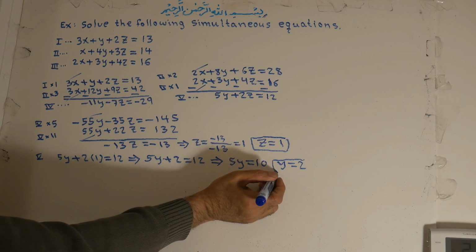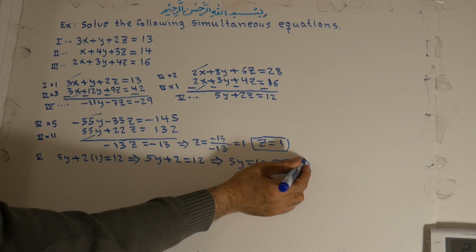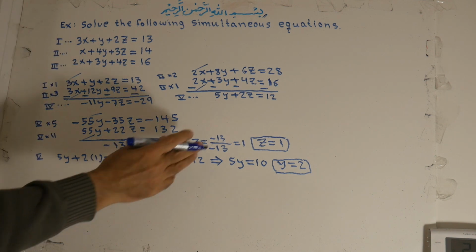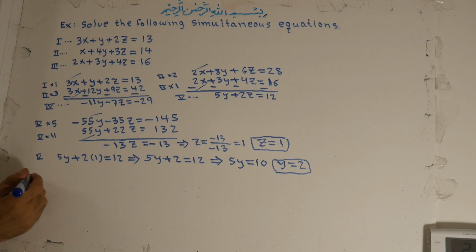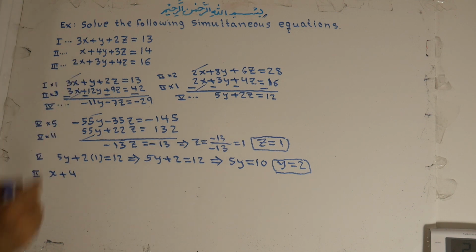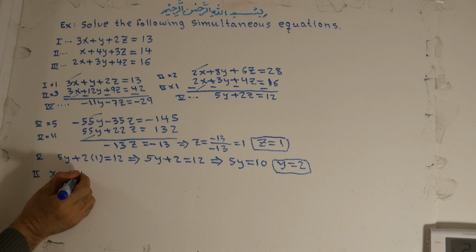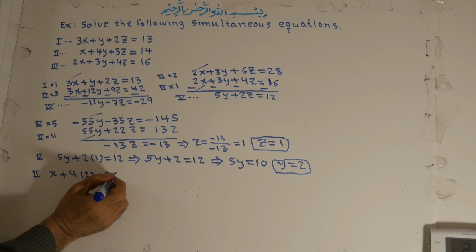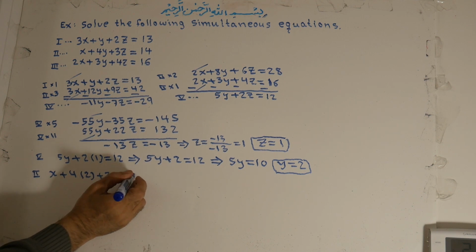Now we have the value of z is 1 and the value of y is equal to 2. Now we put these two values in one of these equations, for example, equation number 2. Equation number 2 is x plus 4y, and instead of y, the value of y, that is 2, plus 3 times z. What is z? z is equal to 1. 3 times 1 is equal to 14.